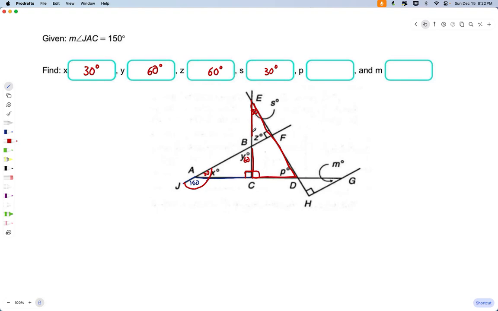And if P is 60 degrees, we've got vertical angles here. So this one has to be 60, and if this is 60 and this is 90, then this is 30. So you can see we didn't even have to do any math, not really. We went from 30 to 60 to 60 to 30 to 60 to 30, just looking at the angles and finding our right triangles in there. That's all we did. Let's look at the next problem.